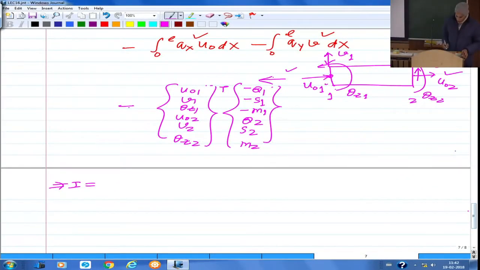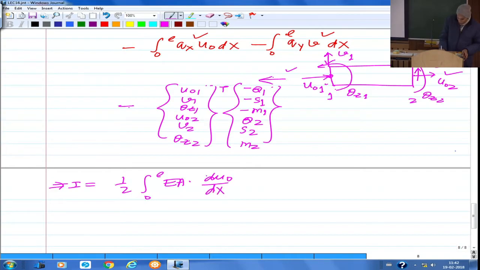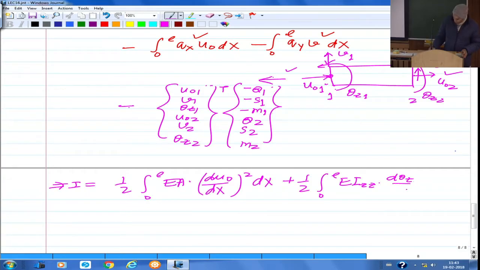So what you will get finally, the first term will give you half integration 0 to L EA into du naught by dx whole square dx, plus another term would be half of integral 0 to L E Izz into d theta z by dx whole square dx.